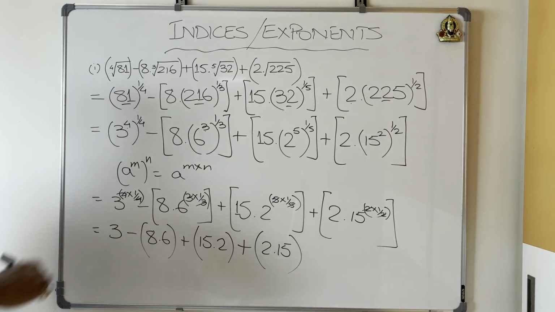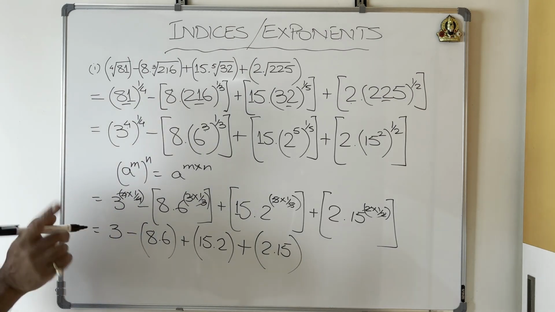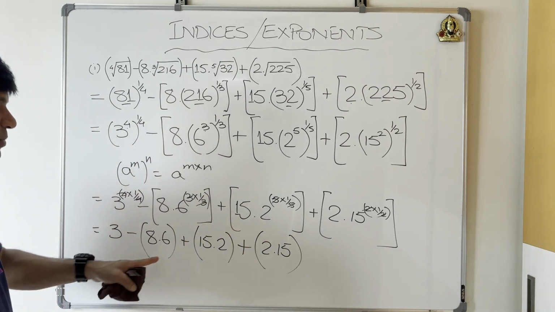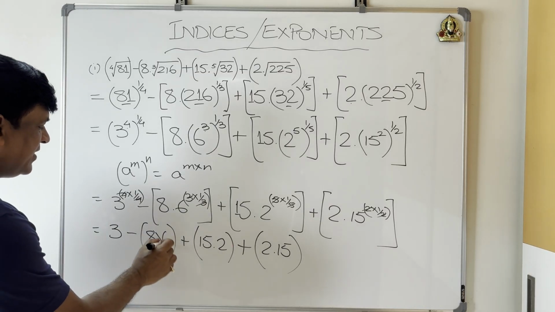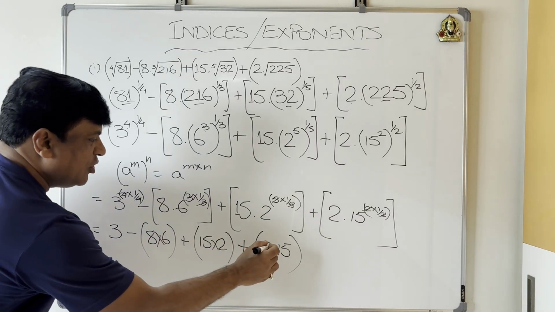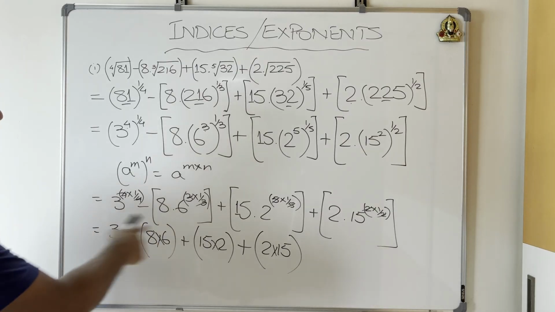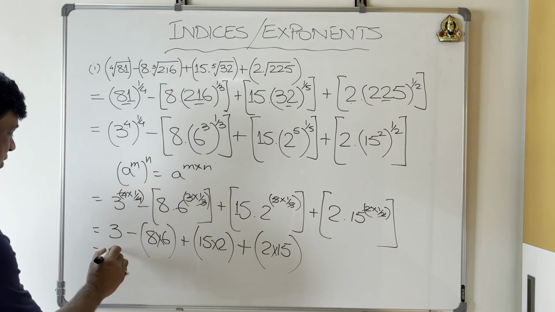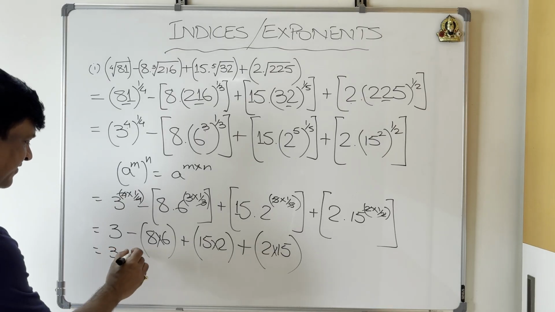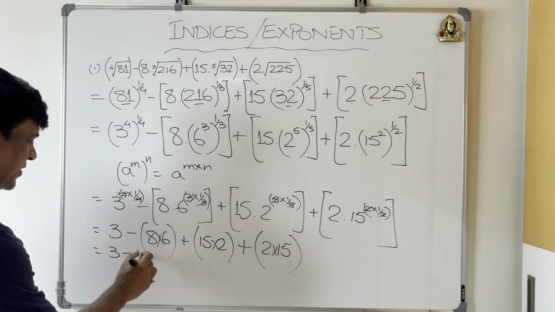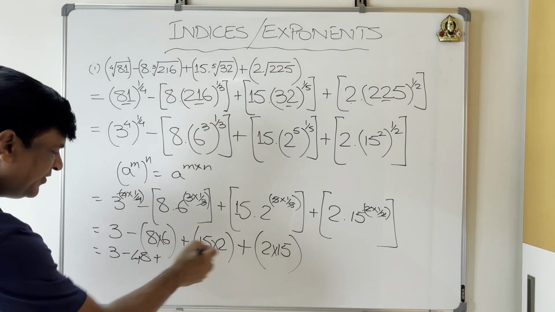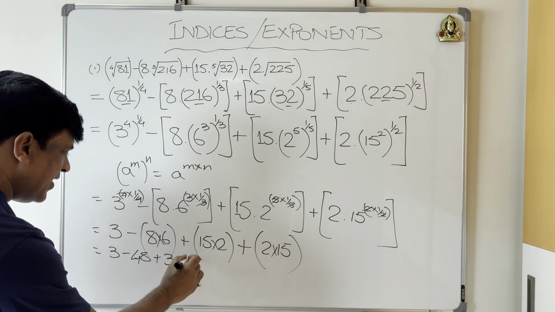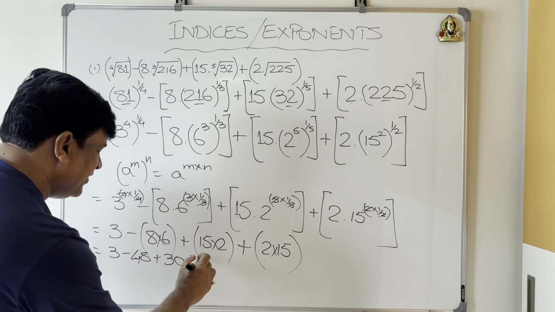So you got all the numbers over here. What are the first things you're going to solve? This is kind of a BODMAS problem. You have to solve all the brackets first before doing the plus and minus operations. So what do you get? 3 minus 8 6s are 48, plus 15 2s are 30, plus 2 into 15 is again 30.